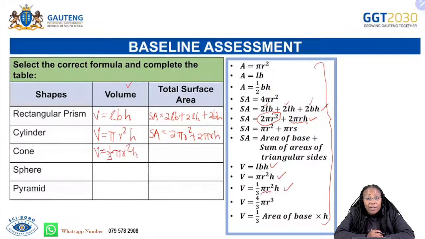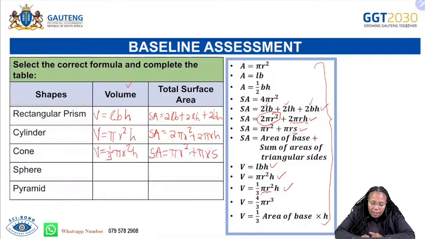Pi r squared is the area of a circle. And then the surface area of a cone is pi r squared plus pi r s. And that s is the slant height, not the perpendicular height, okay? So the surface area of the cone is pi r squared plus pi r s.